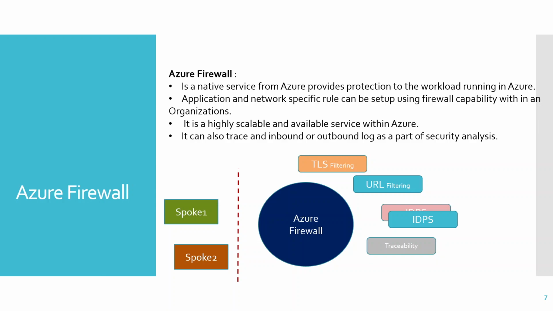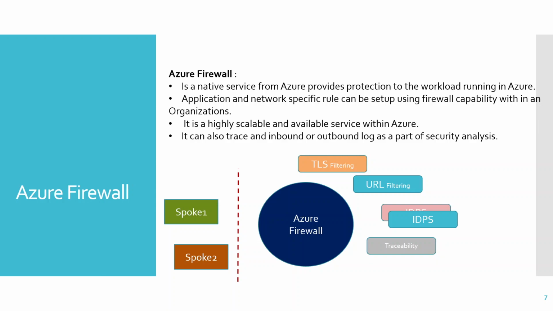A network specific rule is more generic, what your organization demands, whereas application specific rules are specific to your application. For example, in your organization you have a lot of applications running, but every application has a specific requirement. One application can connect to the internet, another can connect to a SaaS service. That is a more application specific rule, and both these generic and application specific rules can be set up in Azure Firewall.